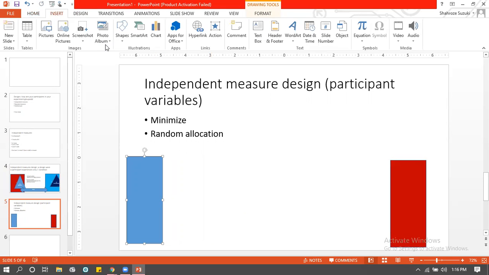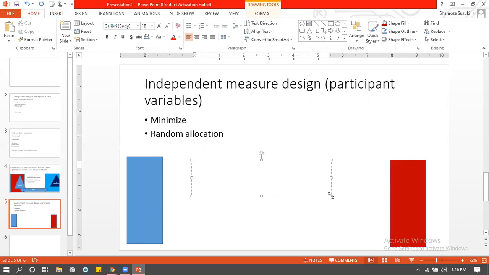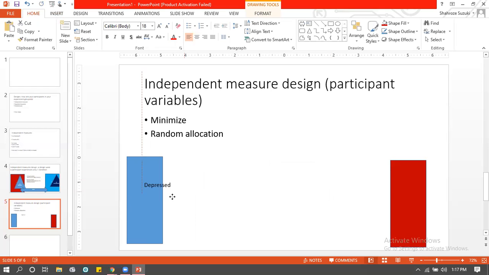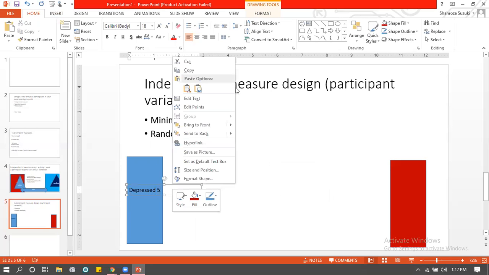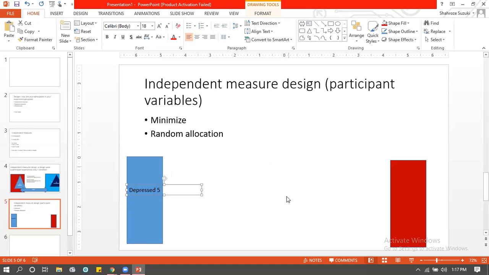So if we flip a coin, let's suppose, or draw names from a box of tissue paper, the chances are that some of the people who are depressed are going to end up over here, and some of the people who are also depressed, like we have 10 depressed people, some may end up here through random allocation by flipping a coin or drawing names, and some may end up here as well.